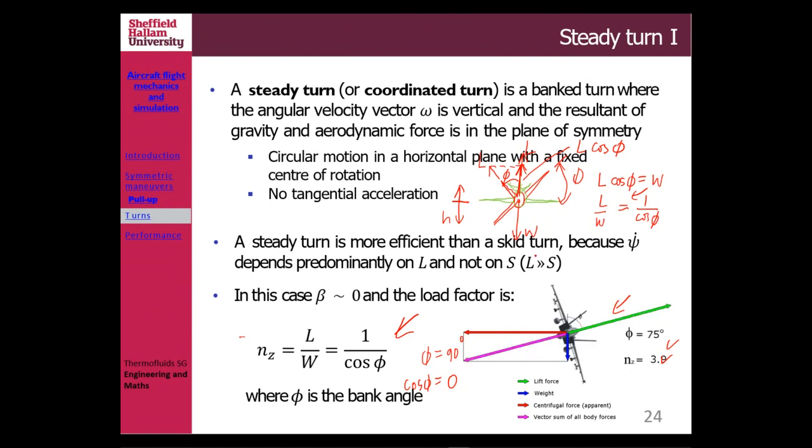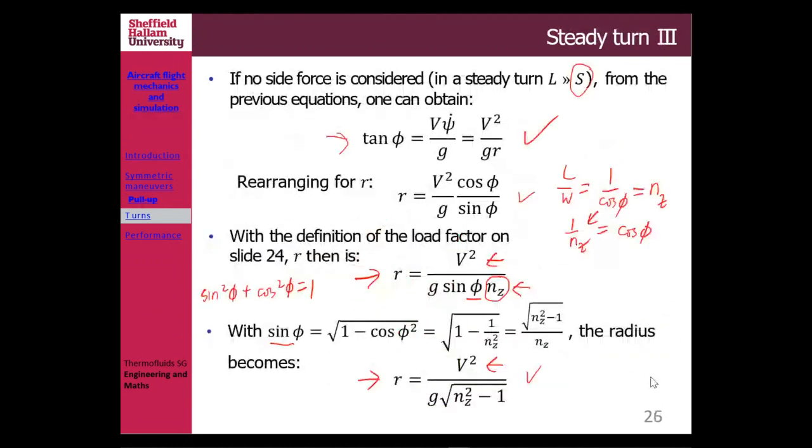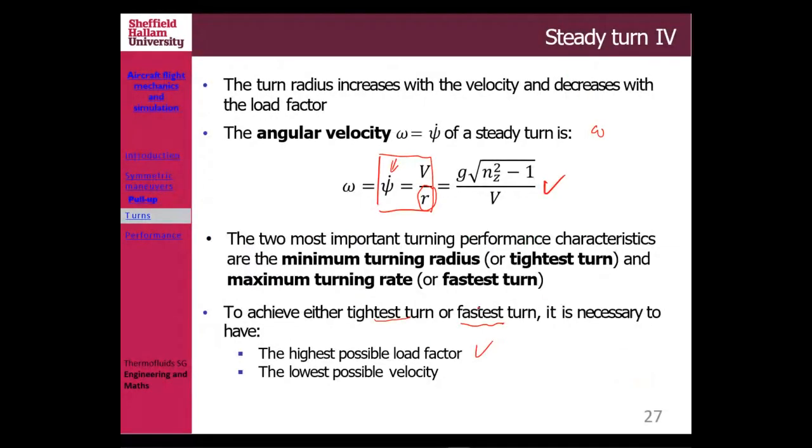If you make it 60 degrees, you increase your n to 2. If you go even higher, you increase your nz to 3.7, for example. So if you go back to this equation, if you want to do it as quickly as possible with the tightest turn and the fastest omega or psi dot, then you increase this n by increasing the roll angle.